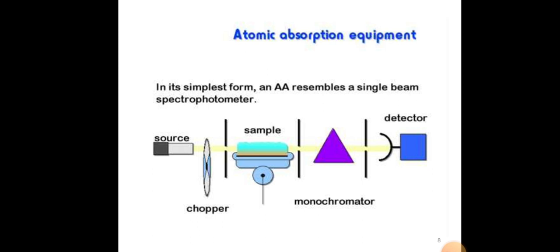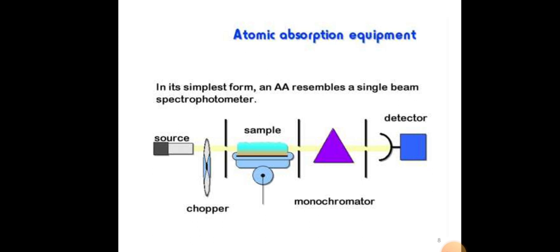About the chopper, I can explain something for you. The chopper, as I said, is used to modulate the light of the source lamp. But why should we modulate the light of the lamp?